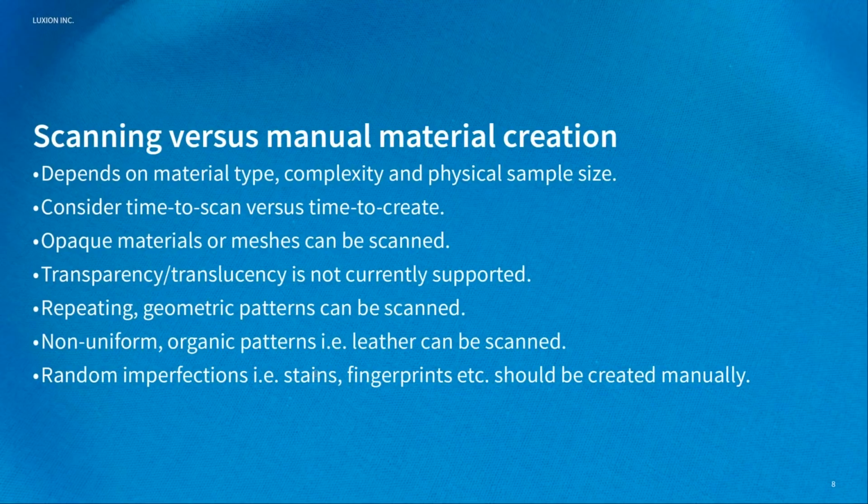And I would suggest that those should be created manually, because if you have a fingerprint on a piece of metal and you see that same fingerprint being repeated all over, depending on the size of your object, it could get a little distracting and kind of take away from the realistic effect of it.